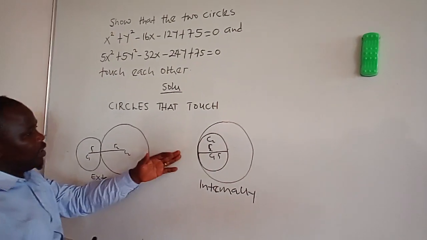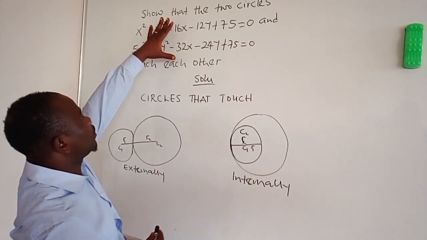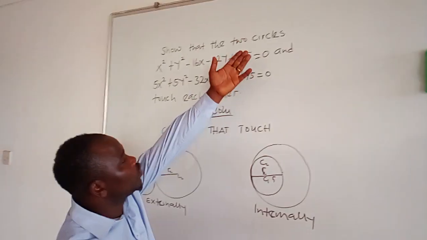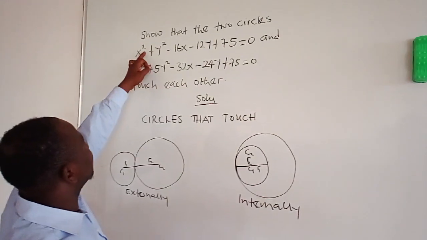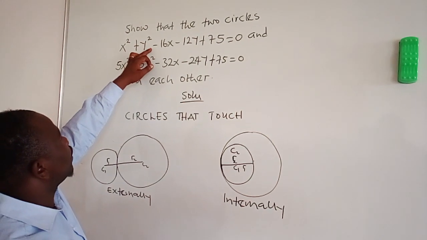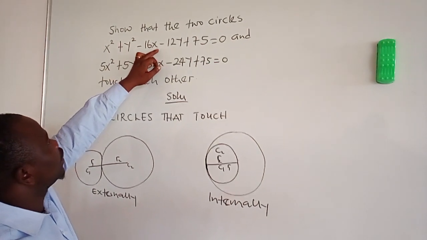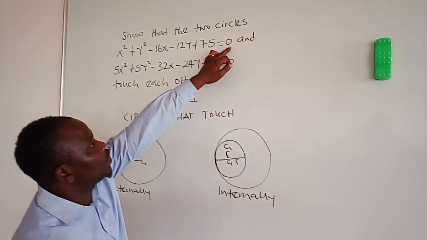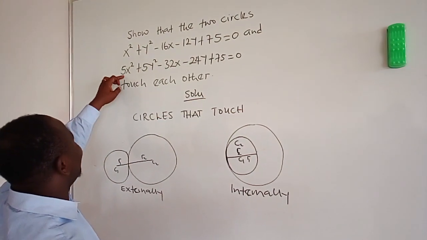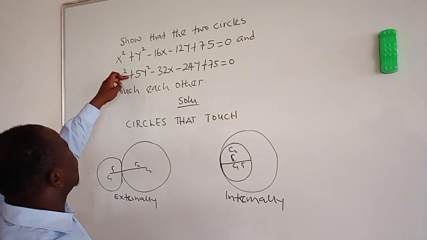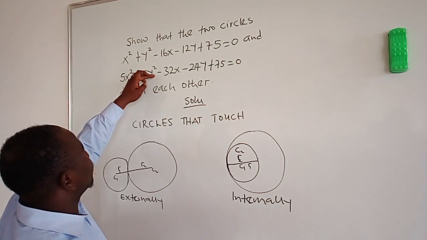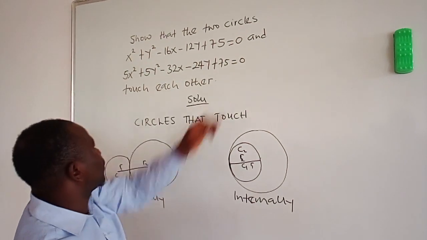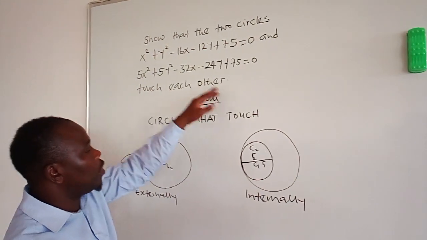I'm trying to explain because of this problem. They said show that the two circles x squared plus y squared minus 16x minus 12y plus 75 equals 0, and 5x squared plus 5y squared minus 32x minus 24y plus 75 equals 0 touch each other.